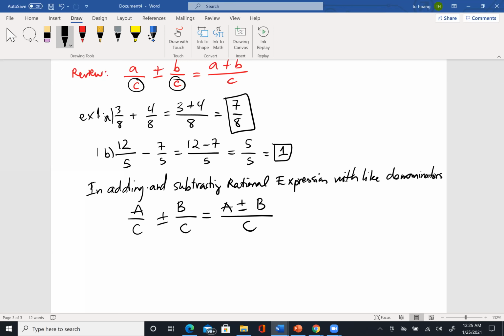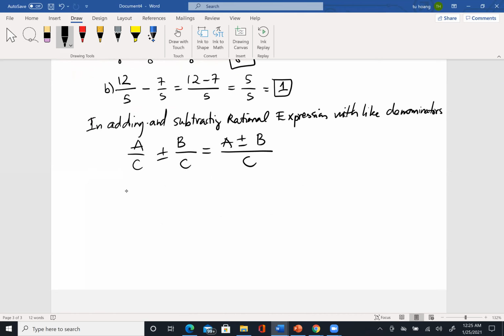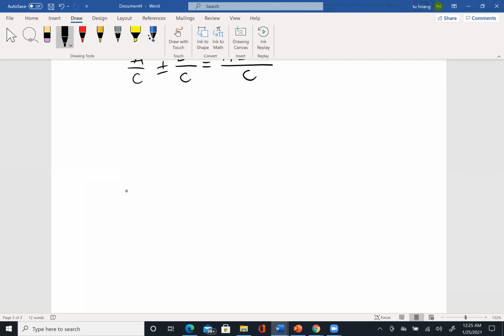Okay, so let's have an easy example first as example 2. Let's say x over x plus 2 plus 2 over x plus 2. What is that going to be?